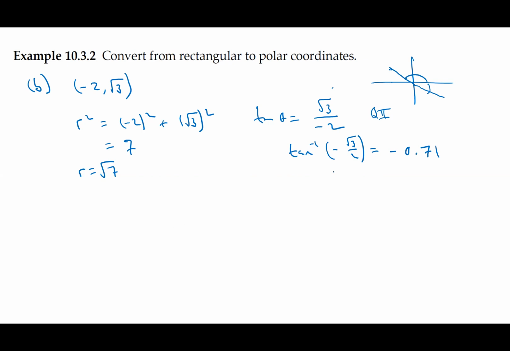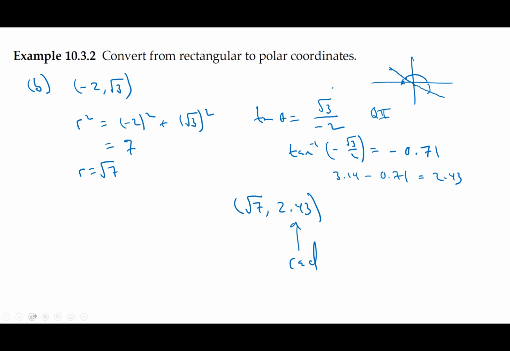So if I take 3.14 roughly, because this is also vertical angles, minus 0.71, that'll give me 2.43. And so this point is the square root of 7, comma, 2.43. And again, it's in radians, okay?